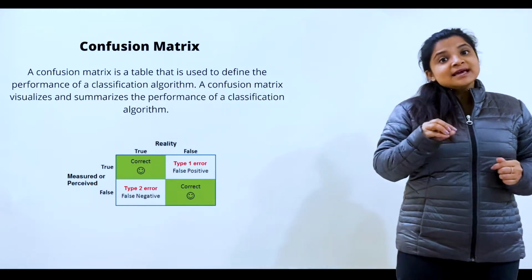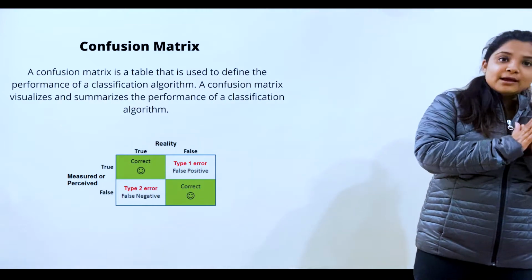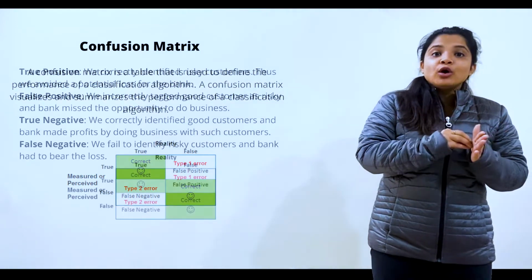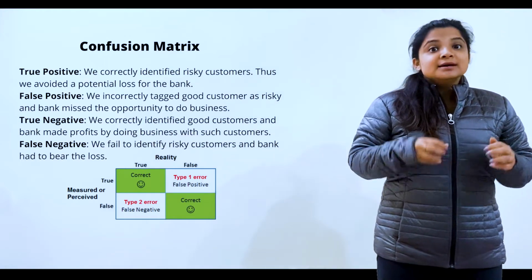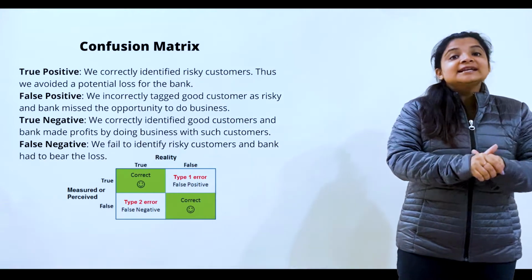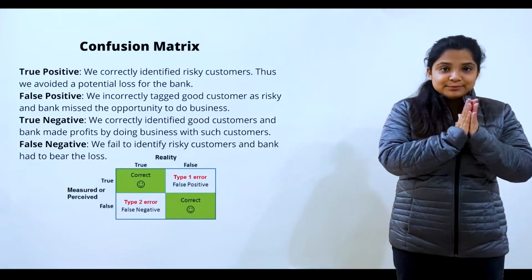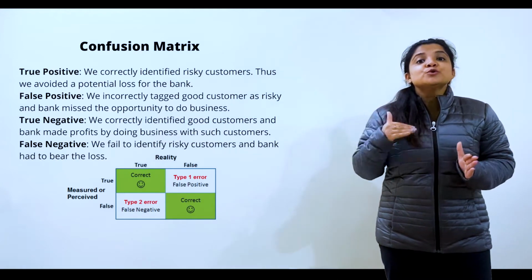Something that is true in reality and has been correctly tagged by our model is called a true positive and is a correct thing to do. Something that is false in reality and has been correctly tagged as false, that means the null hypothesis has been rejected, is called a true negative.